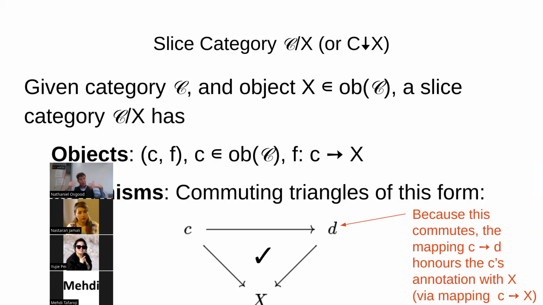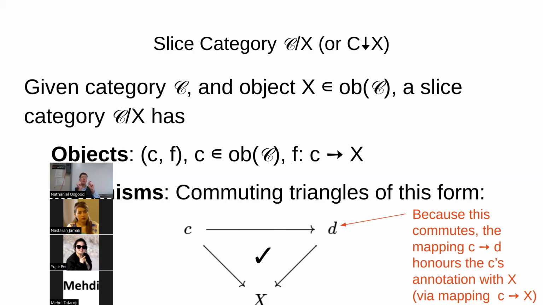From that information, the category C and the object X, we specify a slice category, C/X. Now, this slice category has as objects, and this is really important, so what is this category C/X? Well, it has objects and morphisms.